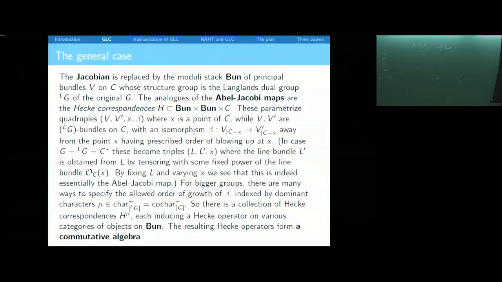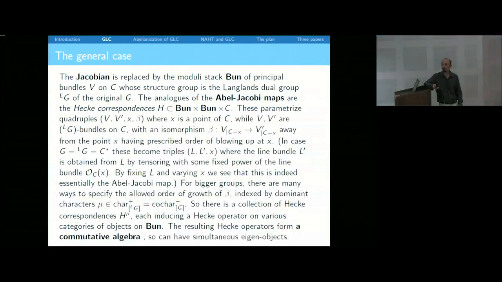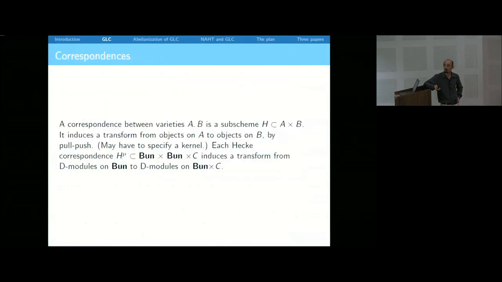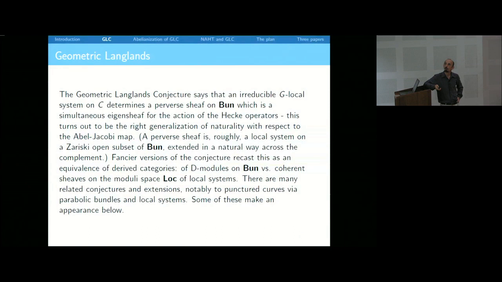Okay. So we have a commuting algebra, and therefore we're allowed to talk about simultaneous eigenobjects for the entire algebra, and those would be the objects that the geometric Langlands correspondence predicts. And I already told you what a correspondence is, so I'll skip that. So the geometric Langlands conjecture says that an irreducible local system on C determines a perverse sheaf on Bun.